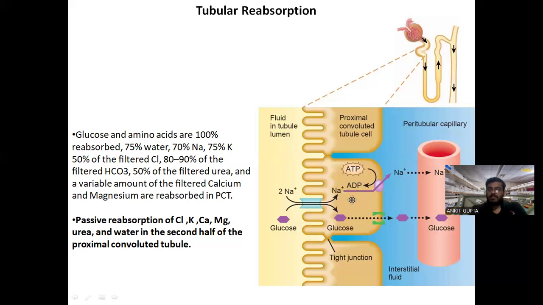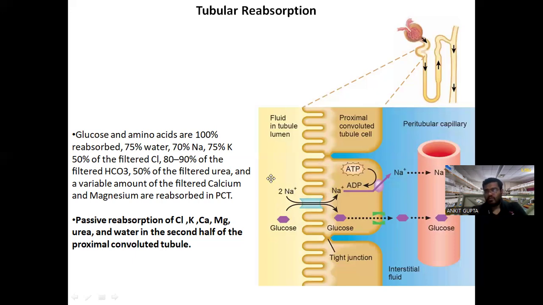So the sodium ions are in higher concentration in the fluid in the tubule lumen, and glucose is in higher concentration inside the cell. This symporter protein transports two ions of sodium along with one molecule of glucose into the cell.